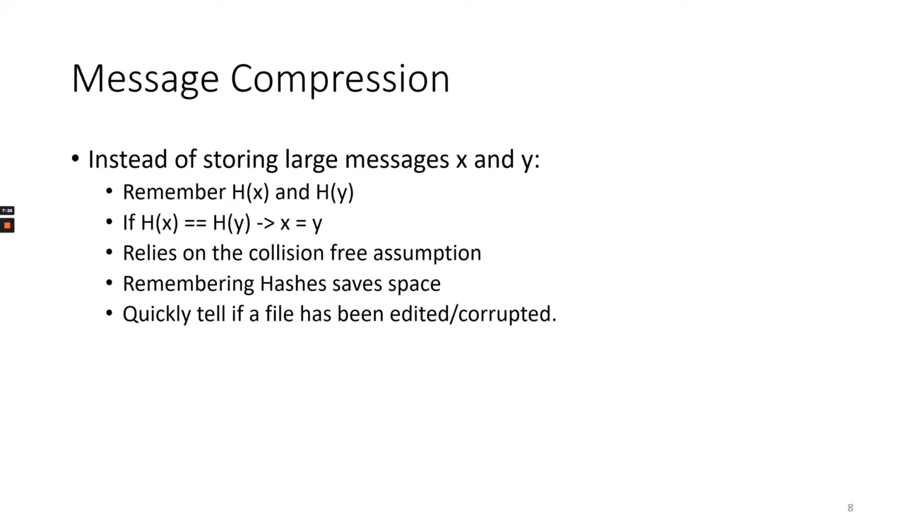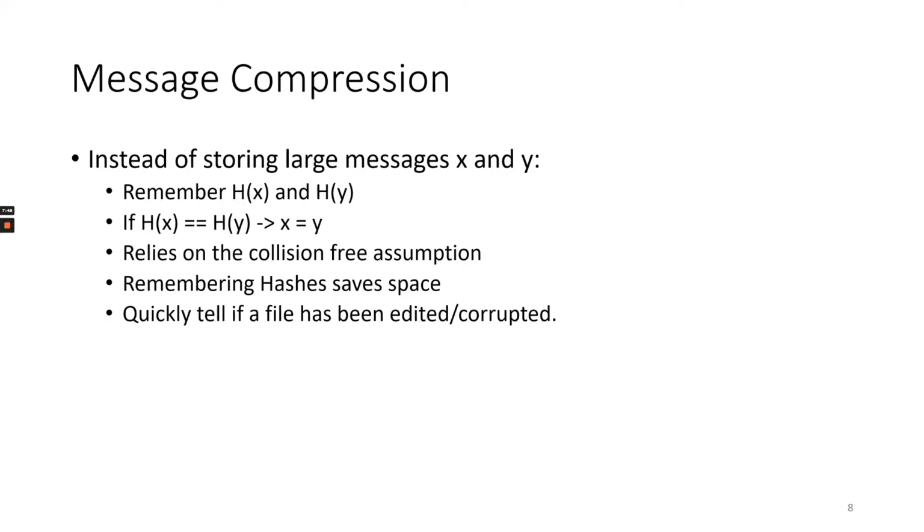Suppose you have two sentences, and instead of storing two large sentences, we can choose to store relatively small versions of those documents in the form of the hash of each document. So, for example, if you have two messages x and y, instead of storing x and y directly, store the hash of x and the hash of y.